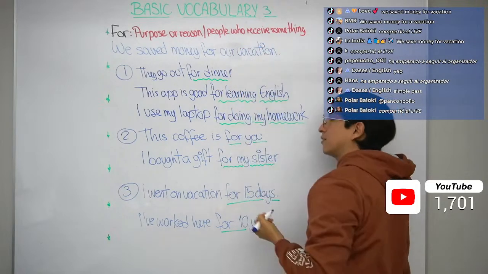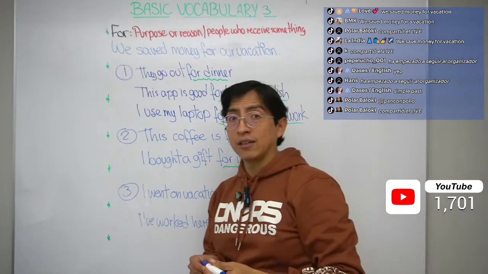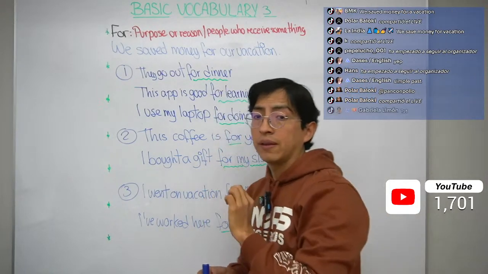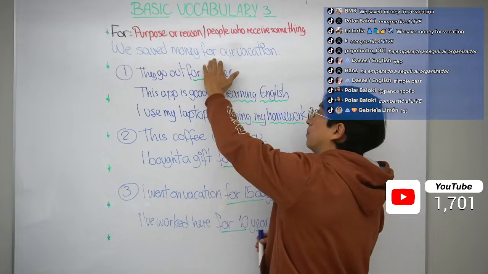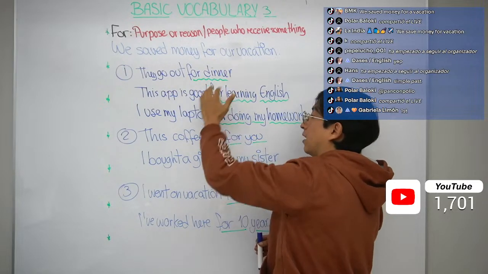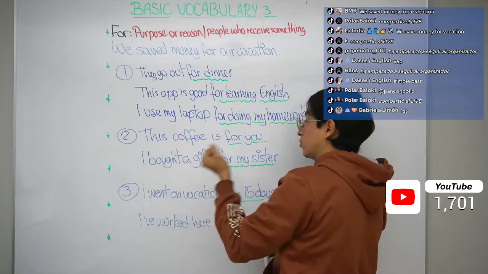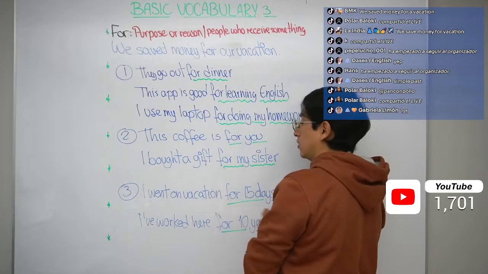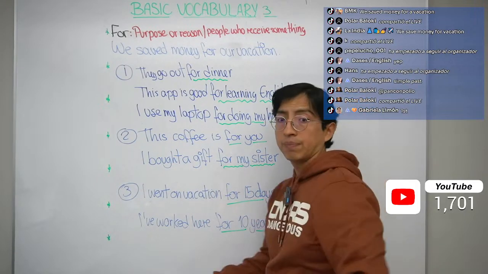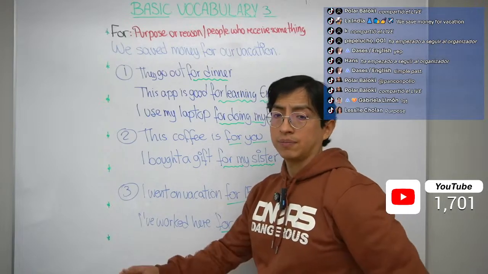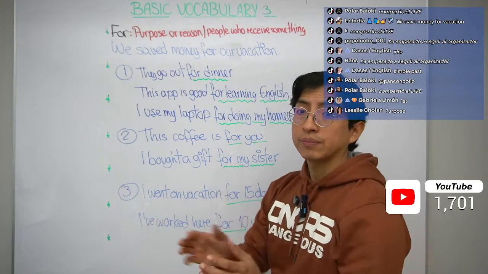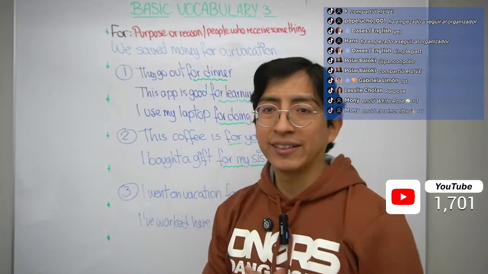So, what does "for" indicate in this text? Is it about a purpose? Is it about someone who is going to receive something? Or is it about a period of time? What are we talking about here?